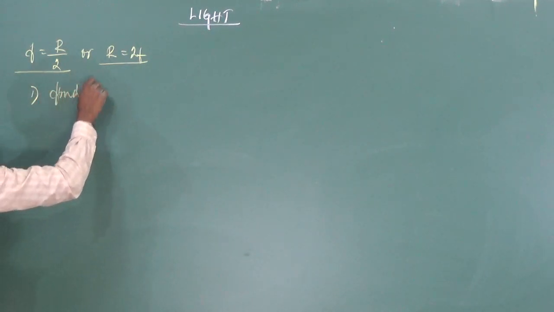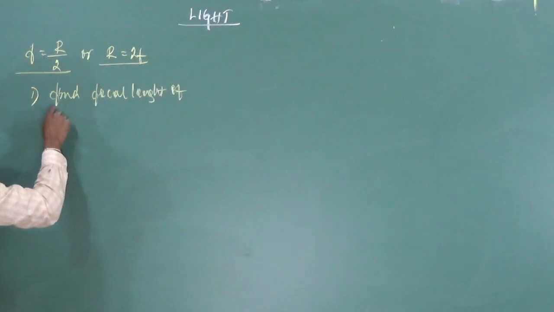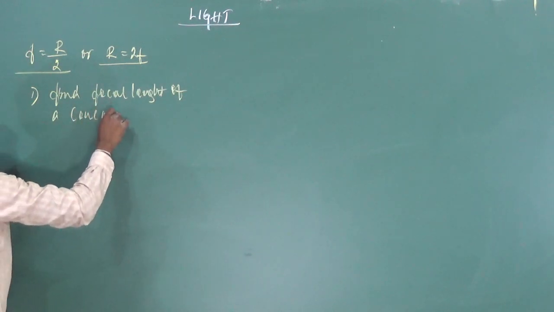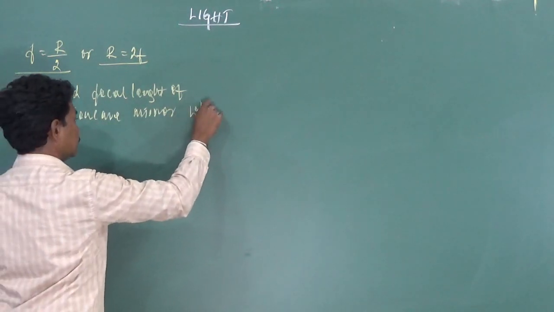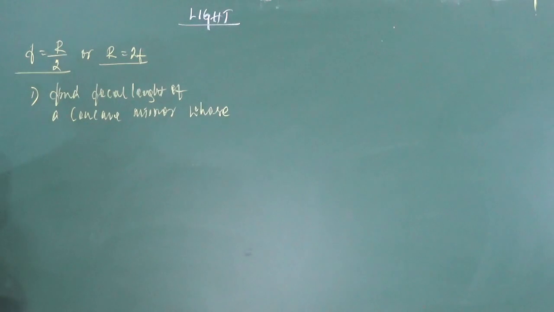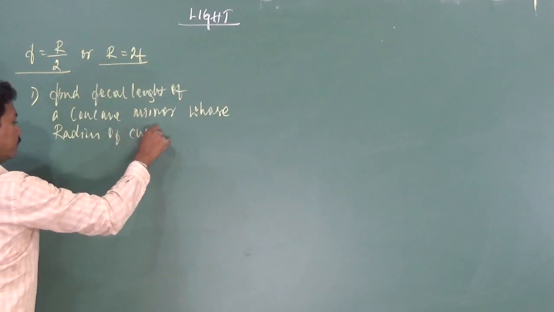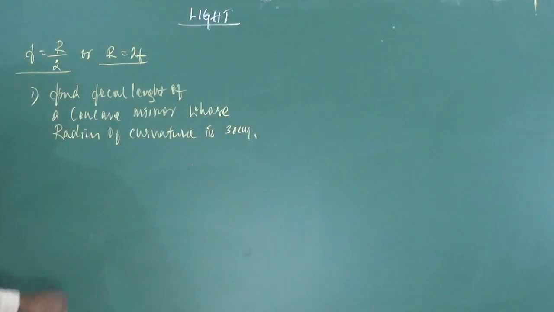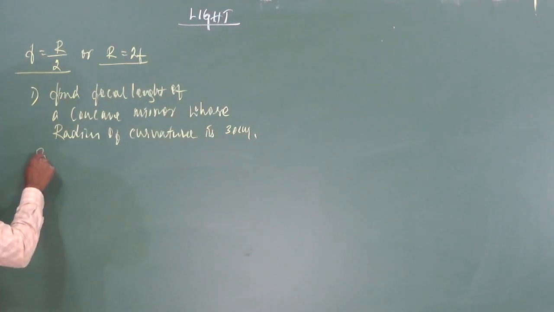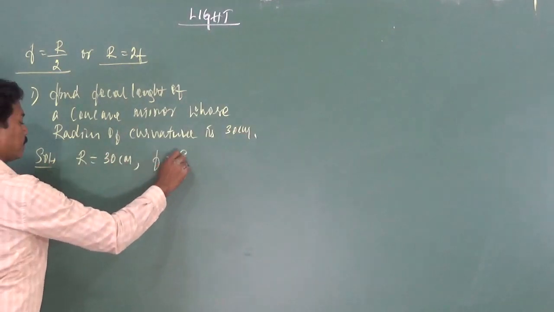Find focal length of a concave mirror whose radius of curvature is 30 centimeters. Right, so here radius of curvature is given as 30 centimeters, you have to find the focal length.